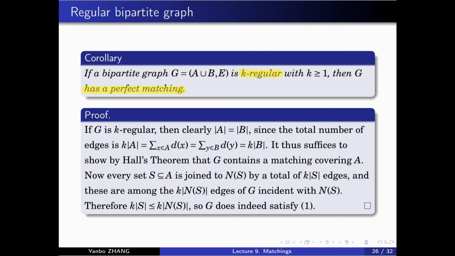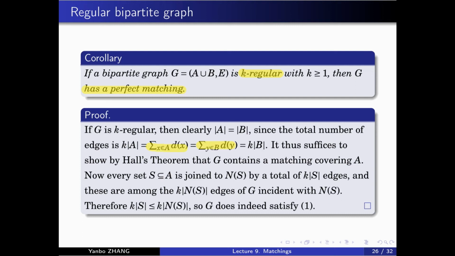Because G is a bipartite graph, the number of edges is equal to the sum of the degrees of all the vertices in A. The number of edges also equals the sum of the degrees of all vertices in B. Because this is a regular graph, every vertex is of degree k.